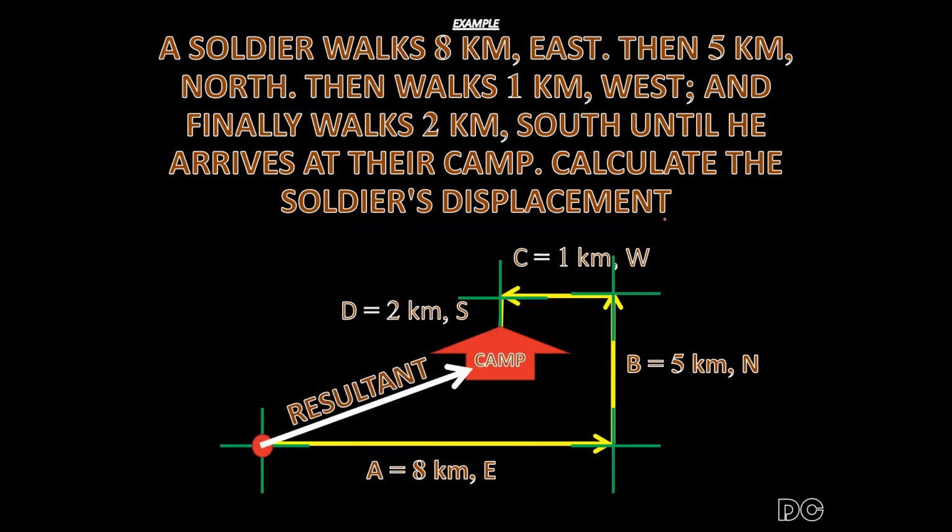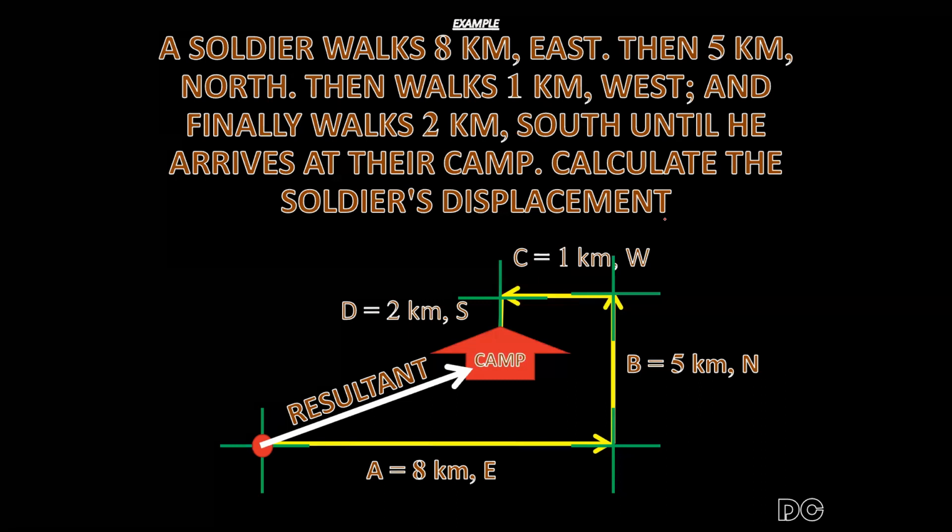So if this is the resultant, as we can see, letter A and letter C are on the same axis. They are both on the x-axis. Letter B and letter D are also on the same axis. They are on the y-axis.